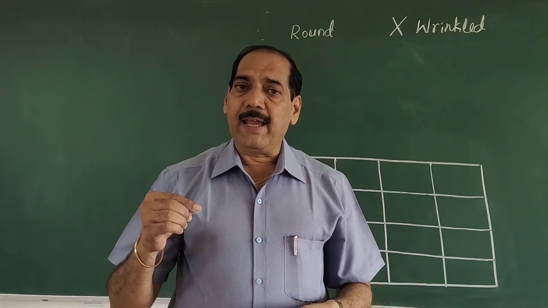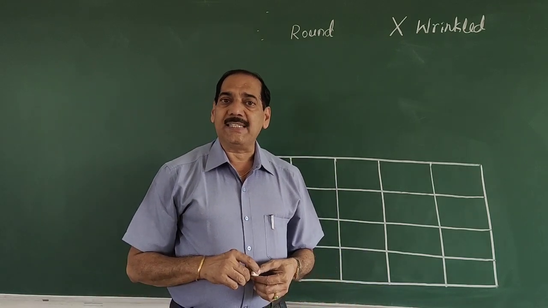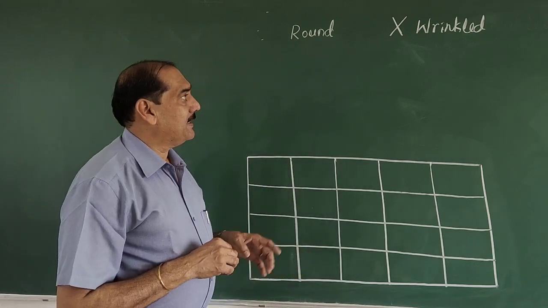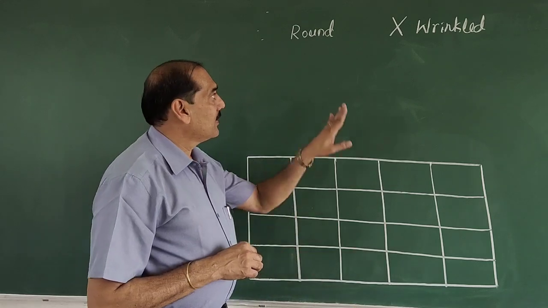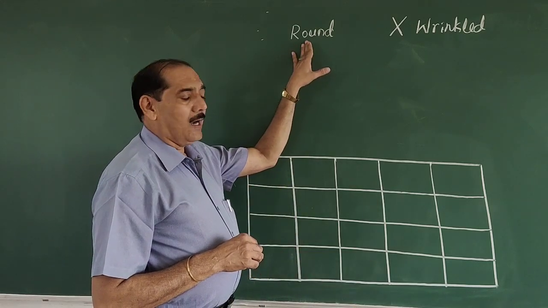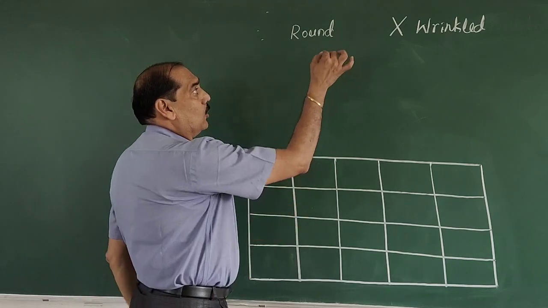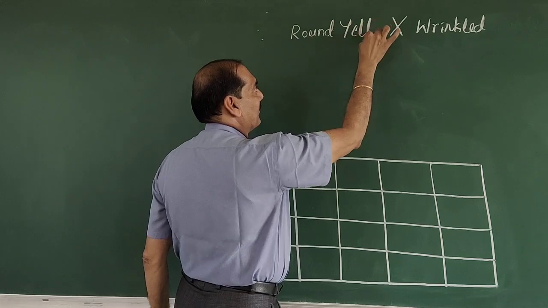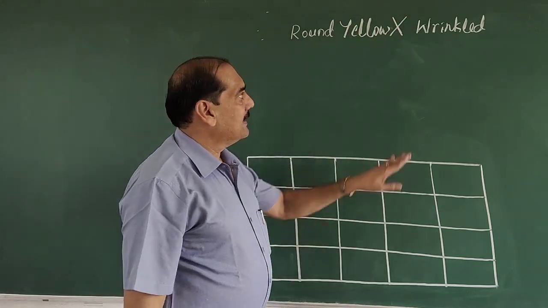So we are discussing the two gene inheritance. That's why we have to consider one more character here. Which is that character? Color of the seed or cotyledon. This round variety of pea plant produces yellow colored seeds.